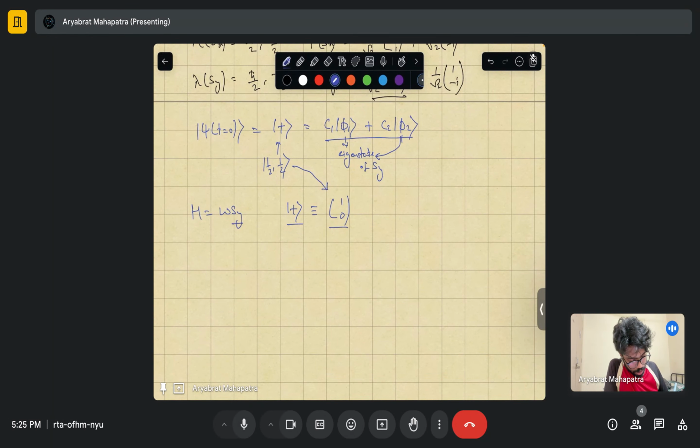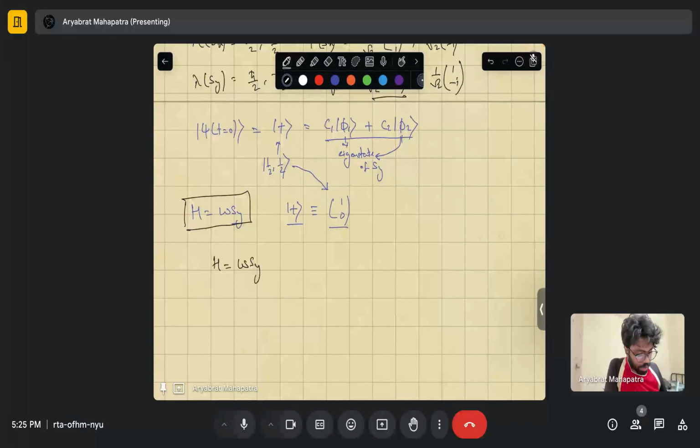So the Hamiltonian is given as H equals omega Sy. Now tell me, what is the eigenstate of this Hamiltonian? The eigenstate of this Hamiltonian will be in the Sy basis.